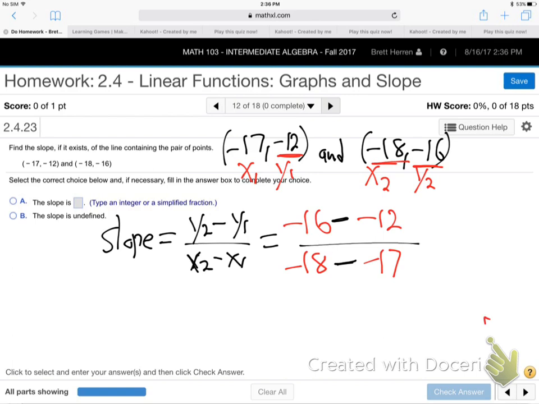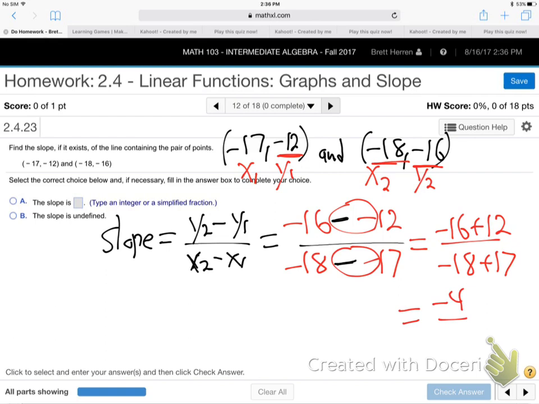So this will become minus 16 plus 12. The bottom will be minus 18 plus 17, right? The double negative is plus. So what is that? Negative 4 over negative 1. Final answer? Just regular positive 4. Two negatives make positive. 1 goes into 4 times. You okay with all that?